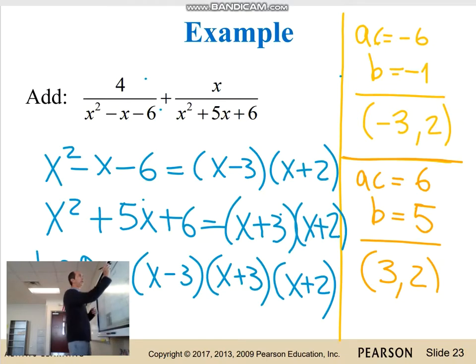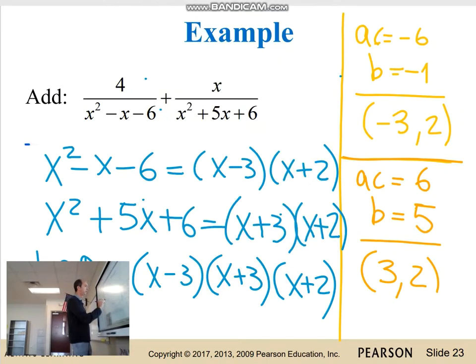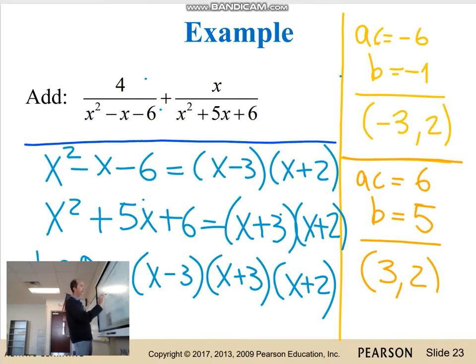So check here what we should do, because x squared minus x minus 6 is x minus 3 times x plus 2.